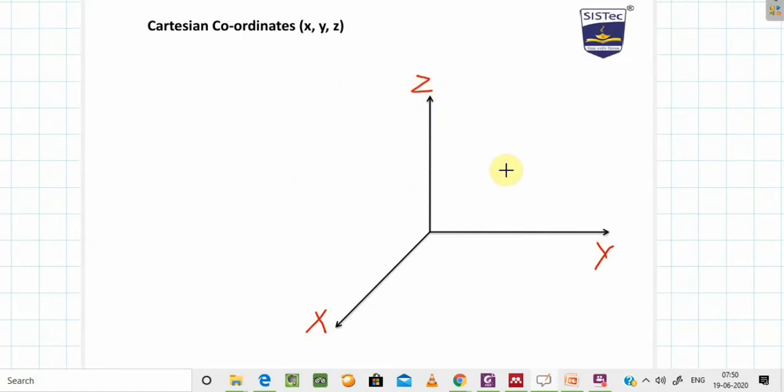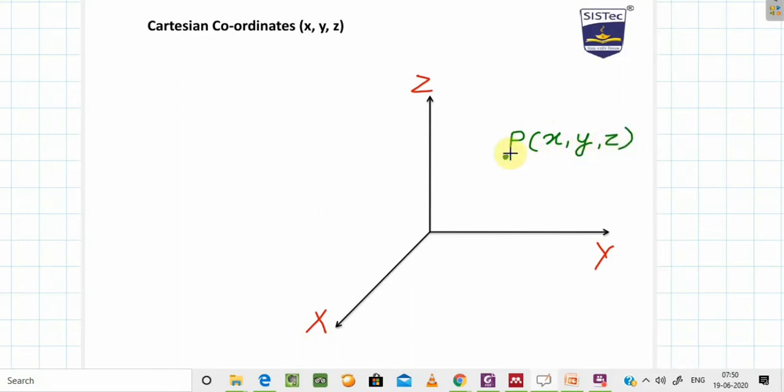Okay, so let me locate a point. Let's say in the three-dimensional space we have one point P. So the coordinates of the point P under the Cartesian coordinate system will be x, y, and z.